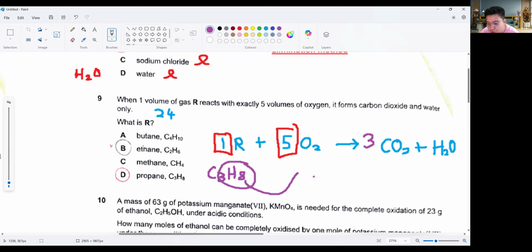Then going in hydrogen is 8, so coming out here you should put a 4, because 4 times 2 gives you 8. Now let's balance the oxygen. 3 times 2 is 6, 4 times 1 is 4. So 6 plus 4 is 10, which is the same as this side. Just right. That's why this is the answer. You can go try out this one and this one. You will not get the perfect balance. That's why those are wrong answers, okay?